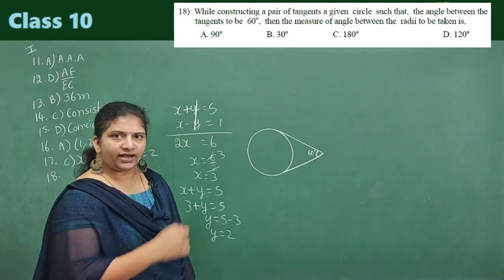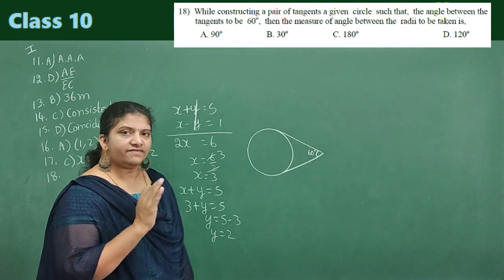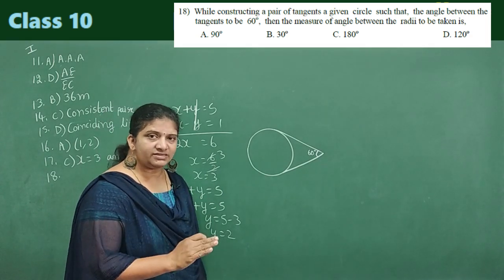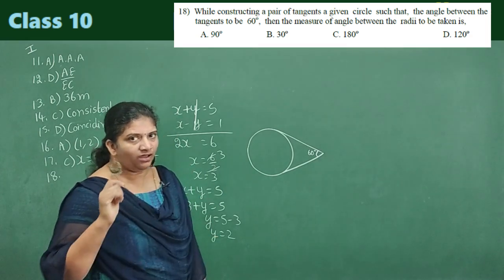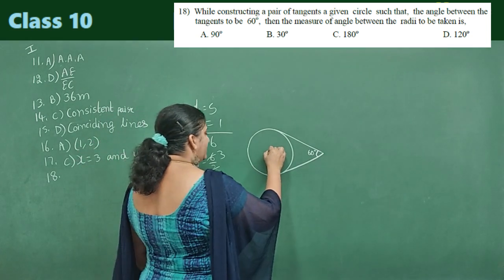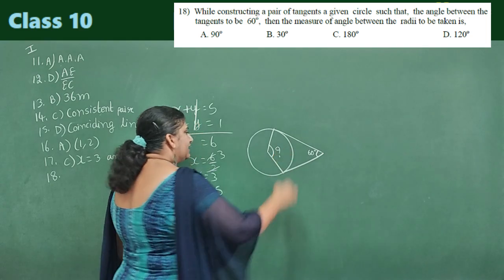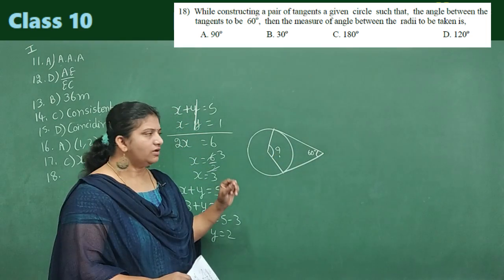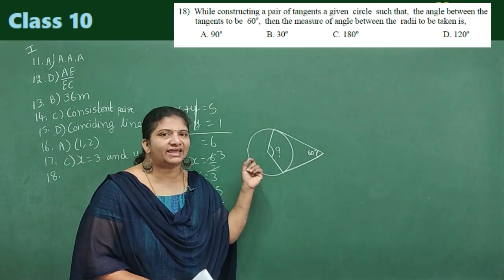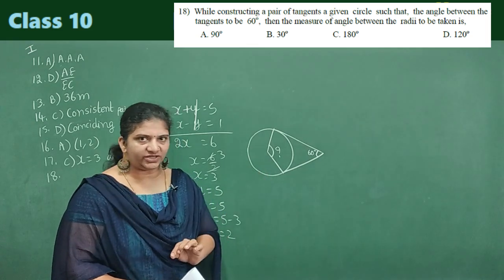Directly we cannot construct the tangents, right? First we need to take the radii and the angle between the radii. What is the measure of angle between the radii is your question.